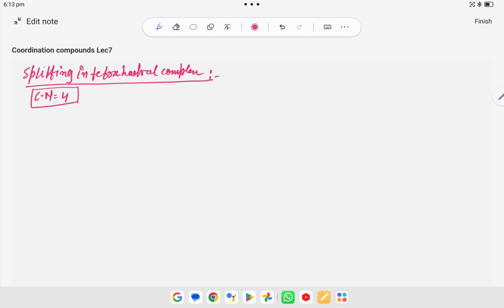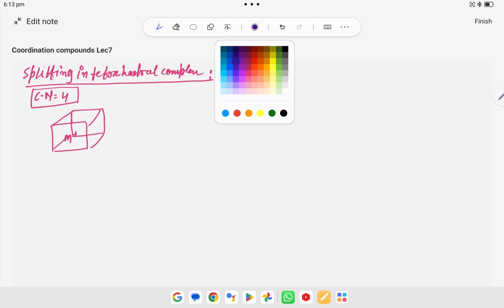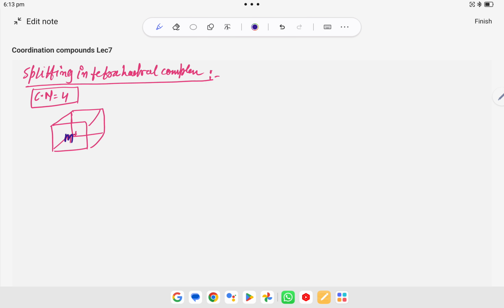You can see that is the metal, that is the cube. Here we have the metal. So what happened here?